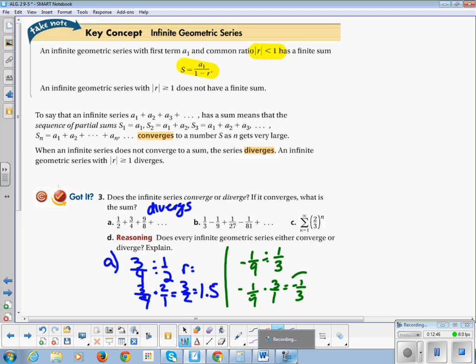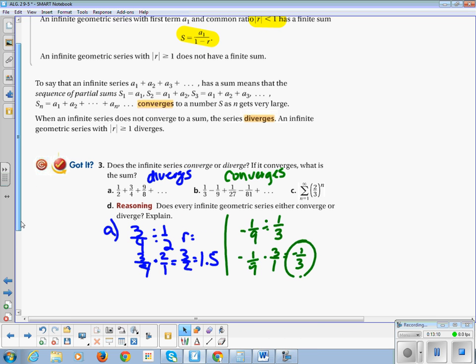Is the absolute value of this less than 1? Absolute value of negative 1/3. So this converges. And because it converges, let's use the formula.